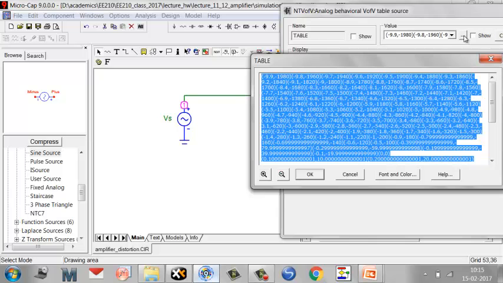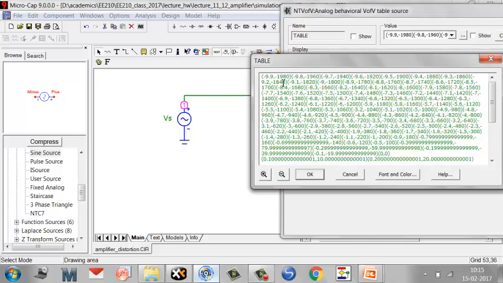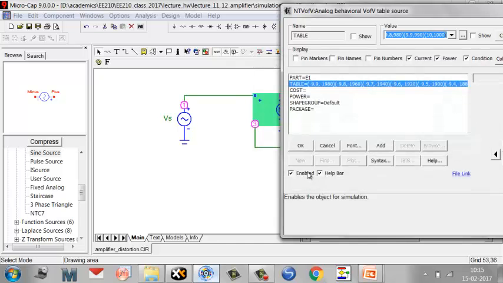For every input you can give what the output is, right? Any kind of amplifier is input voltage versus output voltage characteristics. So the table shows, for minus 9.9, the output is so much, for minus 9.8 here. So you can give the graphical characteristics in the form of a table. Any kind of amplifier, whatever nonlinearity you want, you can enter in the form of a table.